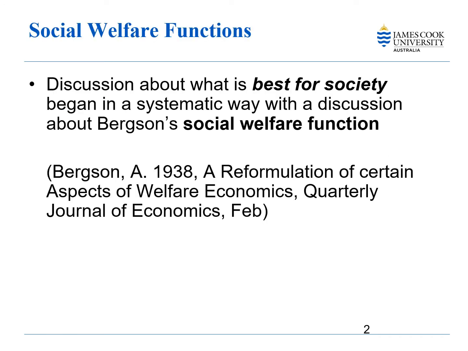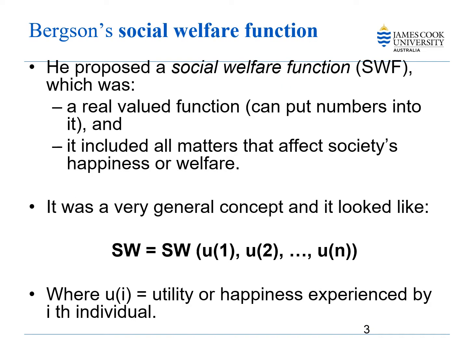Okay, so Bergson in 1938 actually proposed a concept called social welfare function. So this society's welfare is a function of individual person's utility or happiness or welfare of each individual.